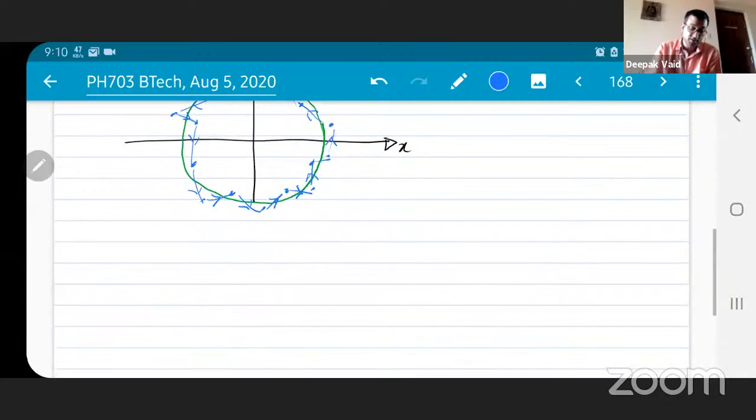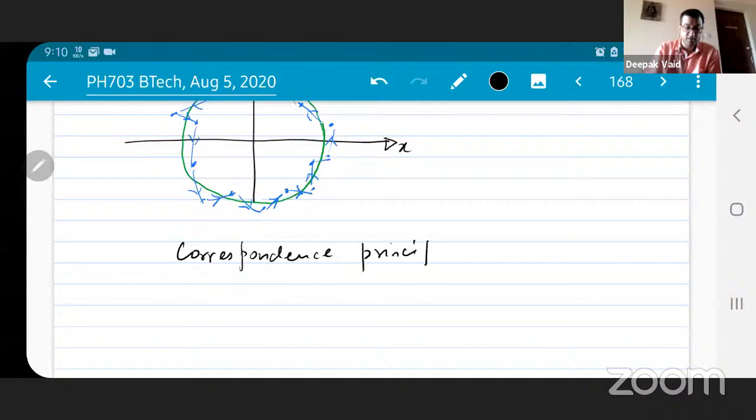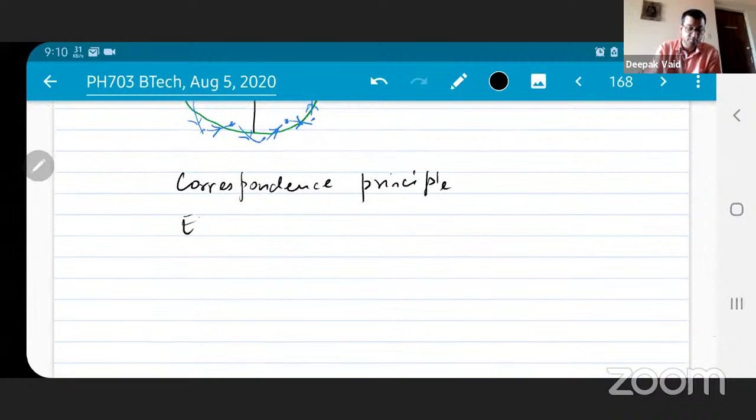Okay, and so there is the correspondence principle. We'll talk about that. And then there is something called the Ehrenfest theorem.